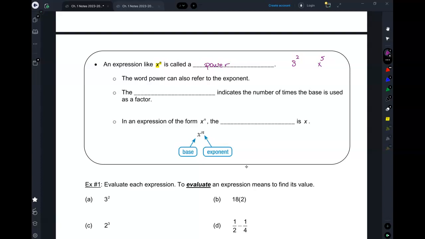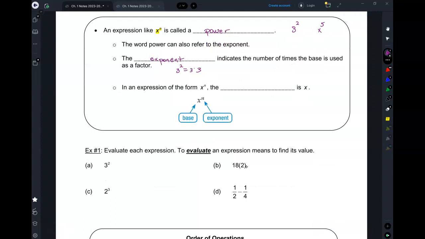Okay, but that word power can also refer just to the exponent, okay? All right, so the exponent is the number of times the base is multiplied by itself, right? So if we have 3 squared, this is 3 times 3. You multiply the 3 two times. Okay?